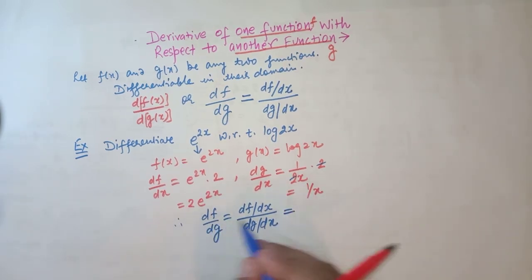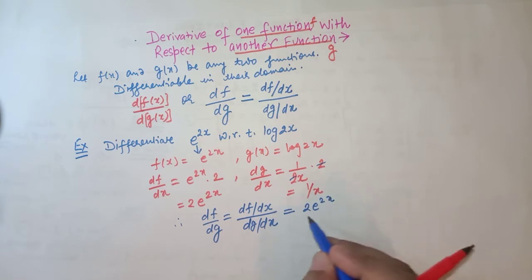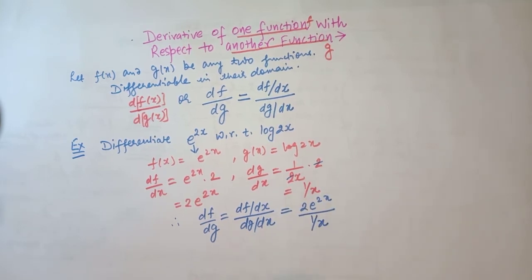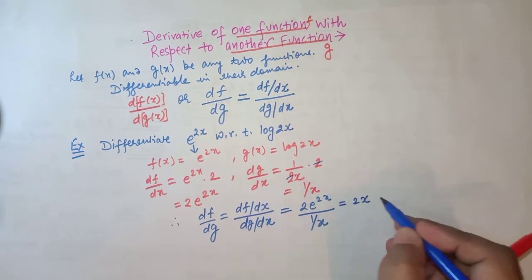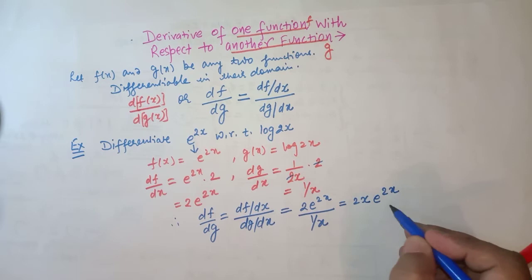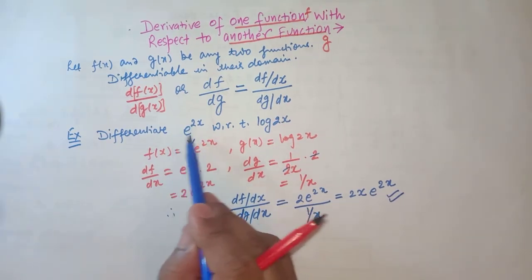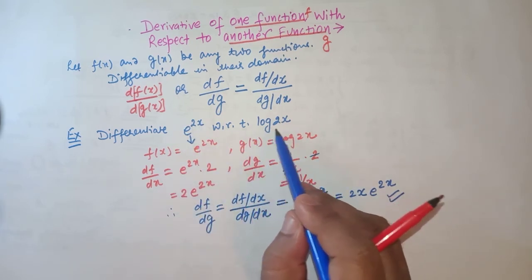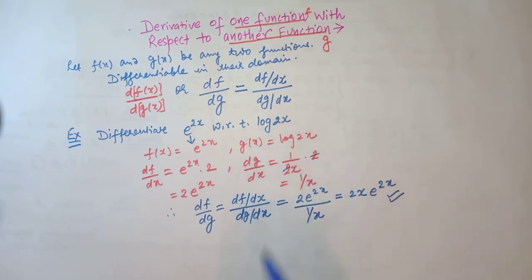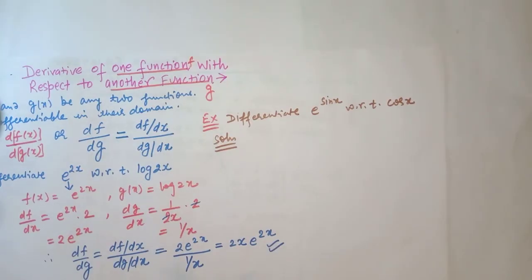So this is 2 e raised to 2x divided by 1 over x. So this becomes 2x e raised to 2x. So this is the required derivative of the exponential function e raised to 2x with respect to the logarithmic function log 2x.